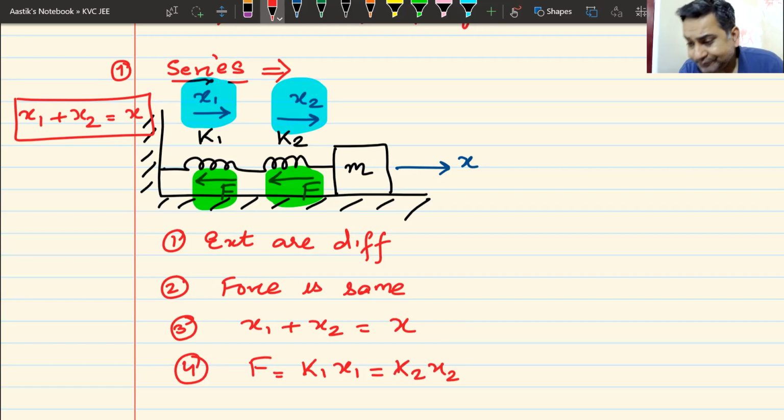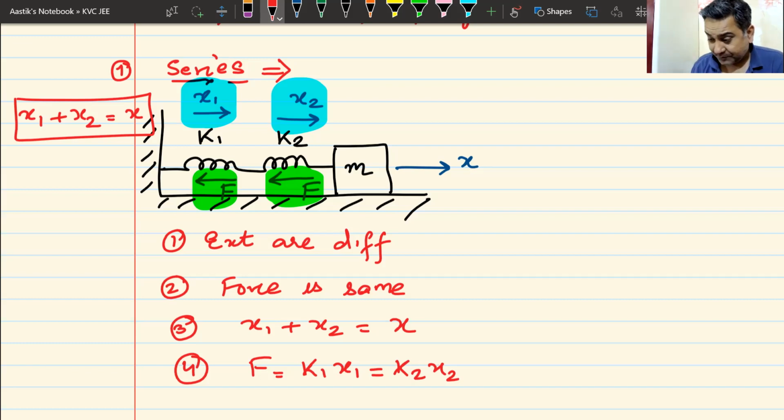Have you noted it down? Okay. These are two springs. If there are more than two springs, the same thing will be getting added up. 3 springs, 4 springs, 5 springs.